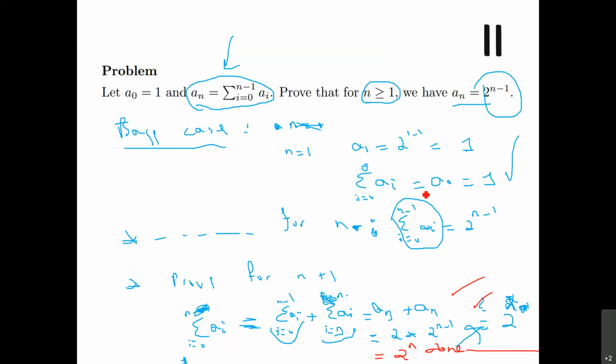Yeah, so we don't need strong induction. Like I said, usually it's going to be mentioned if it's strong or simple. If not, usually how I go with it, I solve it as if I'm solving a simple induction. And if I feel, oh, I need it to be strong, I simply go back and say up to n instead of for n, if you need it to be strong induction.